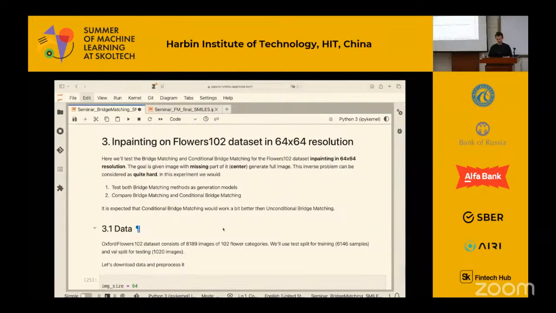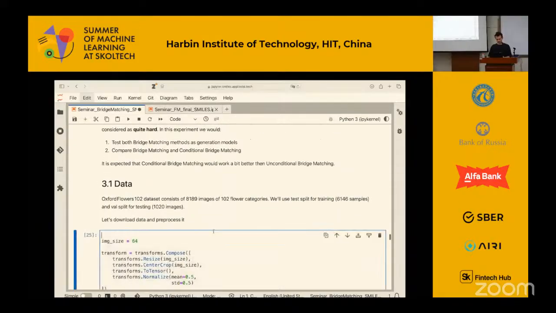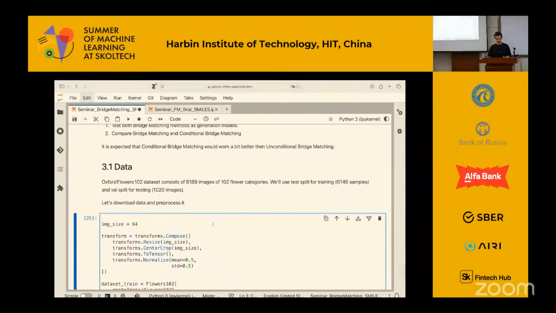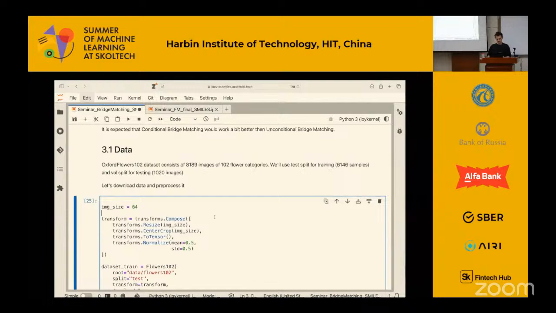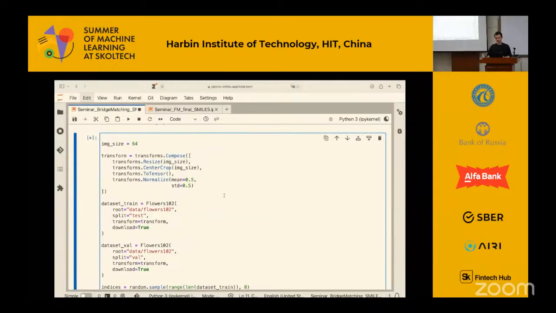So let's learn both unconditional and conditional bridge matching models on this inpainting task and take a look at their difference. So let's first prepare the data, which would be the Flowers 102 dataset, a relatively known dataset that consists of 102 classes of flowers.